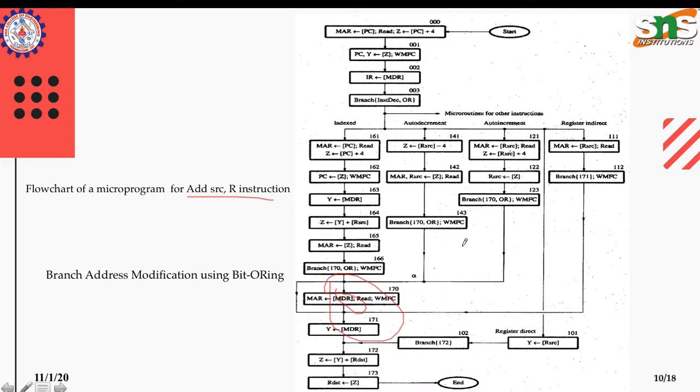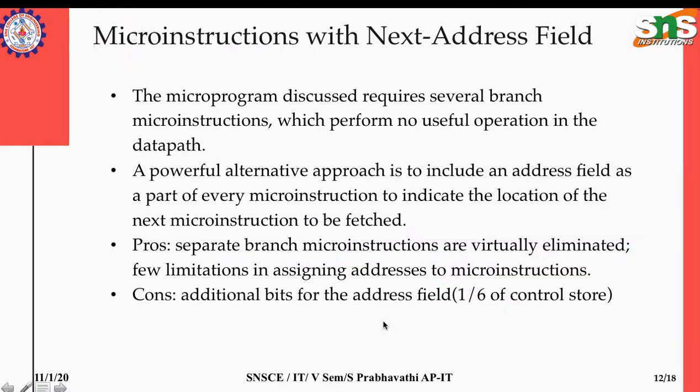Instead of doing the operation, most of the time we spend identifying the correct path. Most of the time is spent on the data path and no useful operation is performed, is it not? The alternate approach overcomes this disadvantage of spending more time identifying the path rather than executing the instruction.